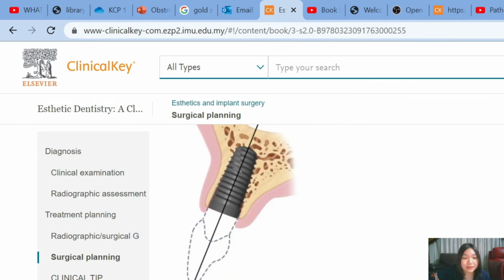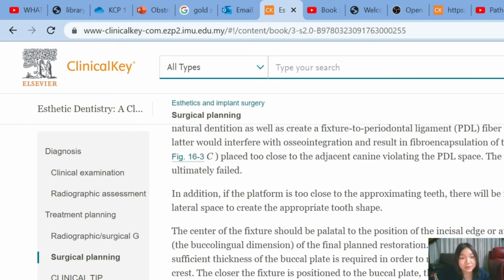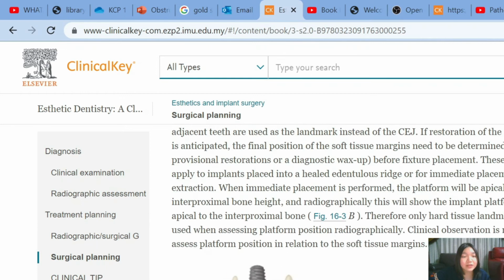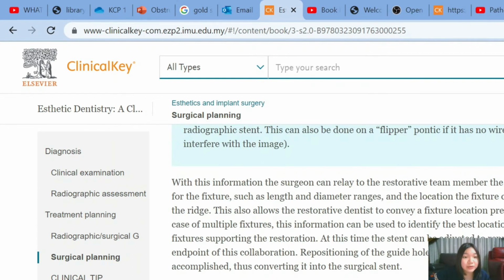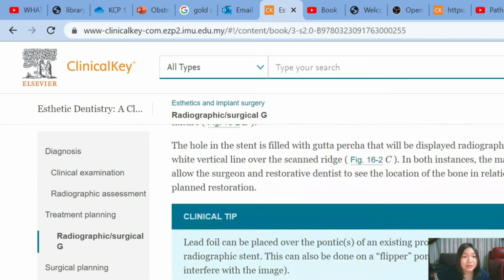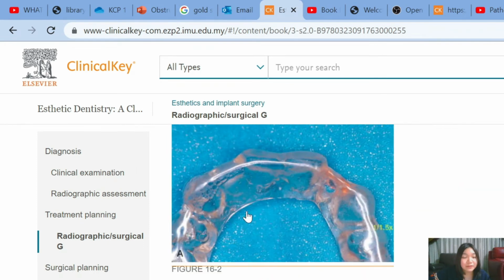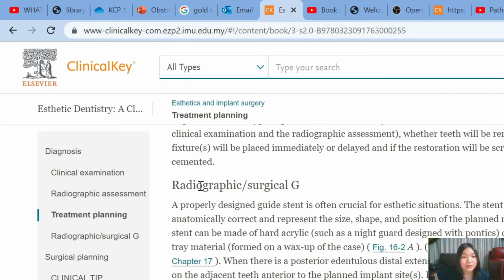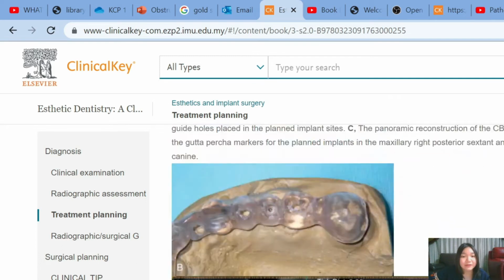The other reason I like this book is the way the author structured it is very organized, as you can see. There are main titles and the information.